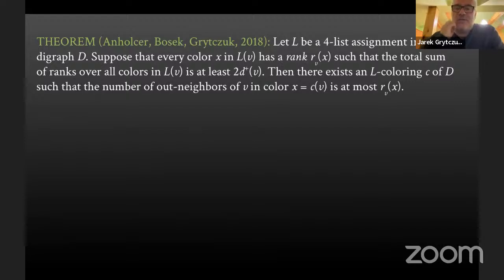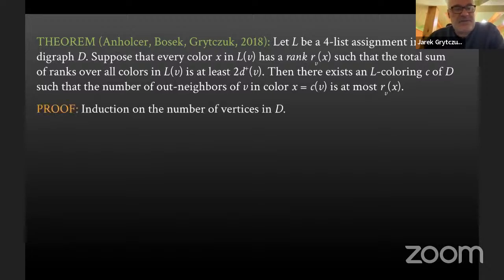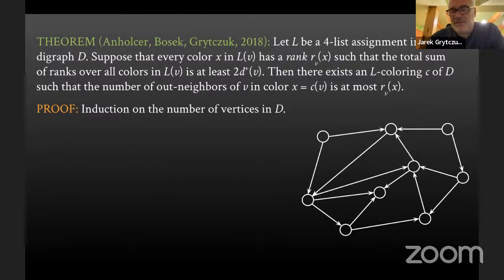And I would like to give you a sketch of the proof, because it's not very difficult. It's just an induction, but on the other hand, it's not quite trivial. It's quite interesting, I think. The argument is by induction on the number of vertices of our digraph, and it goes very similarly to many induction proofs in graph coloring.